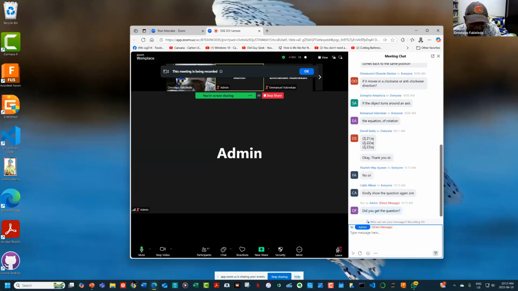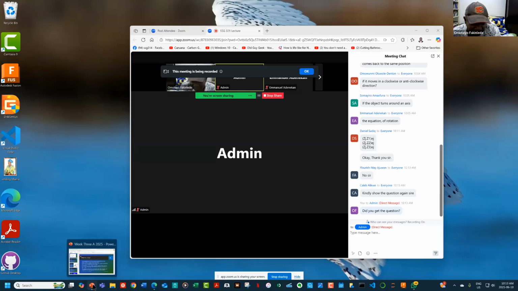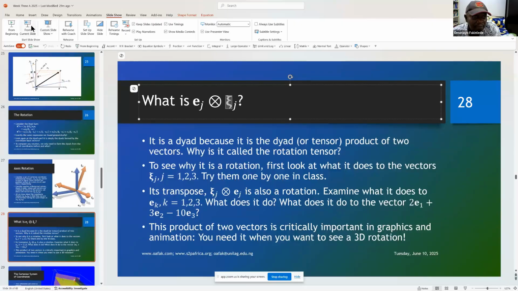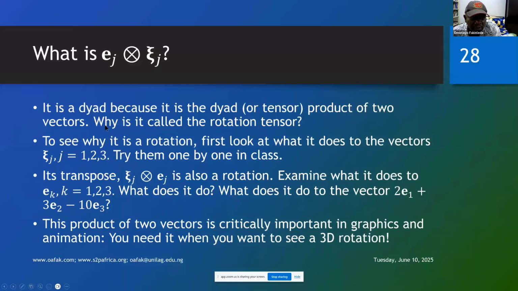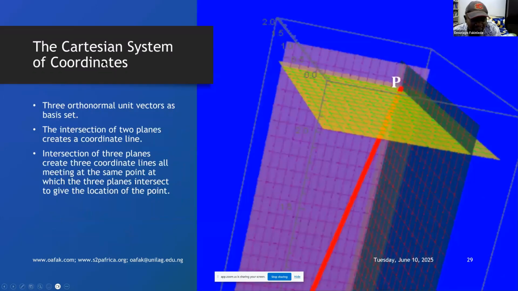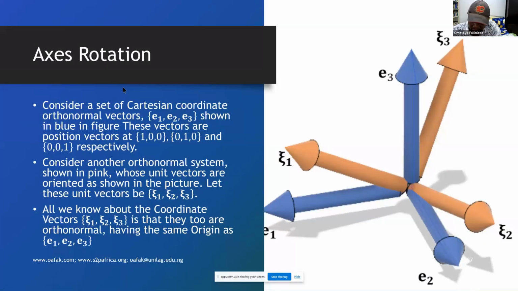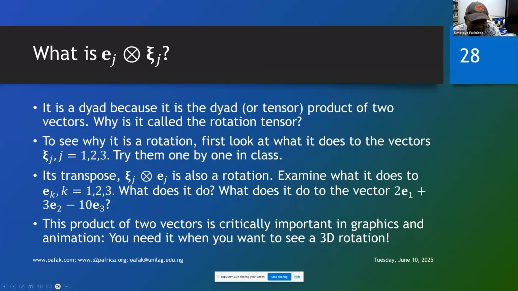Okay, let me go back to the question again. What we are doing is this. Take this quantity here. First of all, remember that this quantity is E1 circle times Xi1 plus E2 circle times Xi2 plus E3 circle times Xi3.